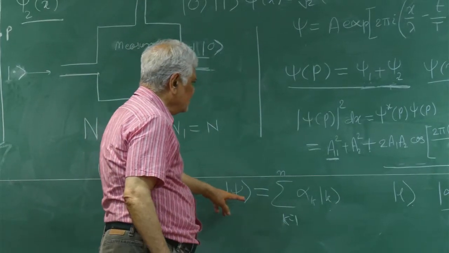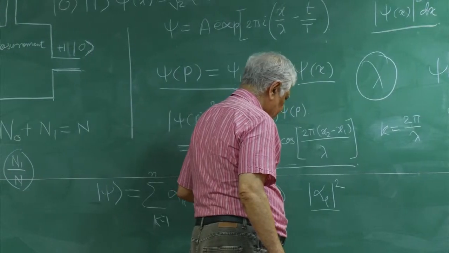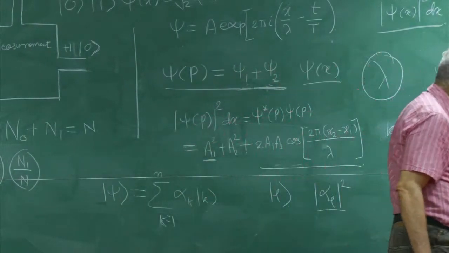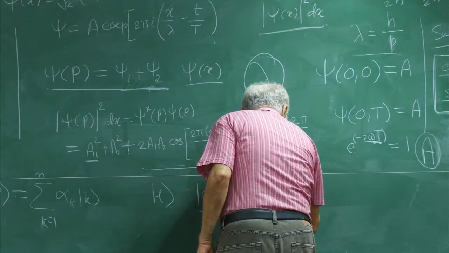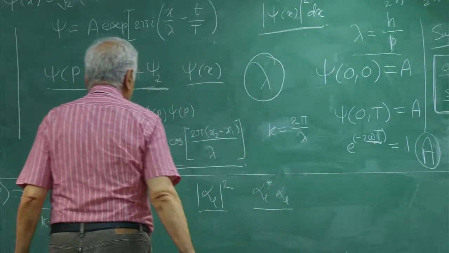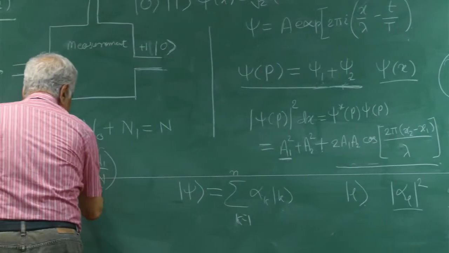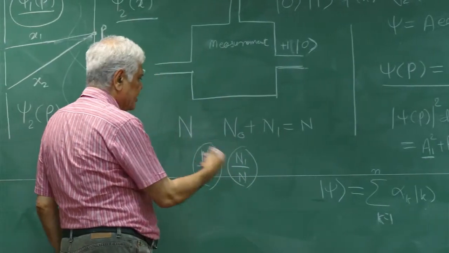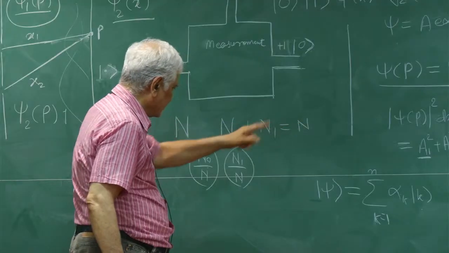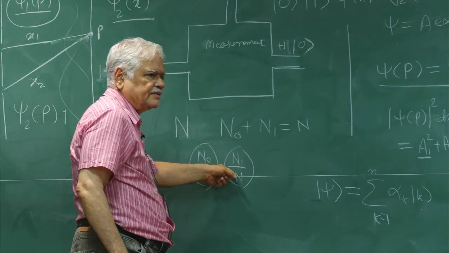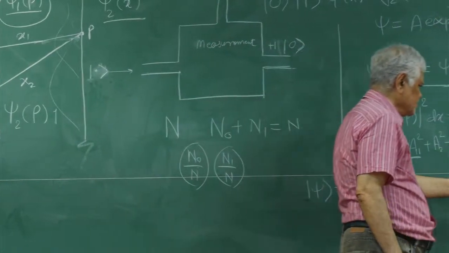Then the probability with which I will get the Lth eigenvalue, the Lth state prepared out of measurement, is mod alpha L squared, that is alpha L star alpha L. So this is the empirical, the experimental way of deciding probability.